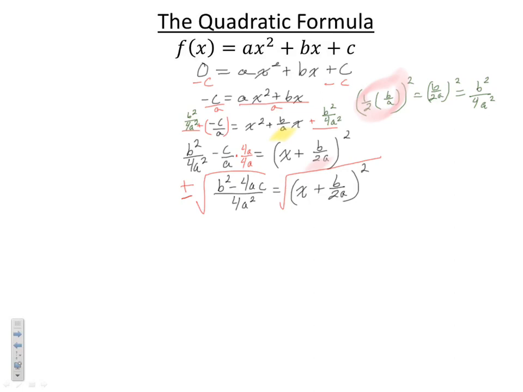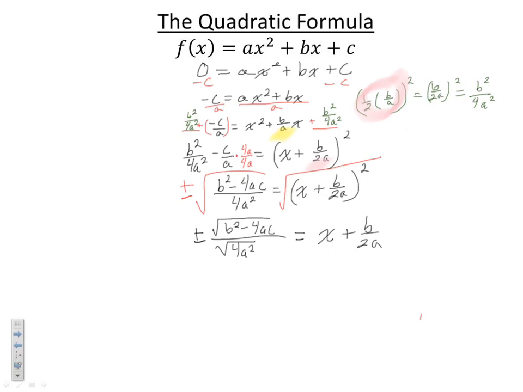By the properties of square roots, we can actually break that fraction up into the square root of b squared minus 4ac all over the square root of 4a squared. And remember, that's plus or minus, equals x plus b over 2a. We're solving for x, right? So that means we got to move that b over 2a to the other side.